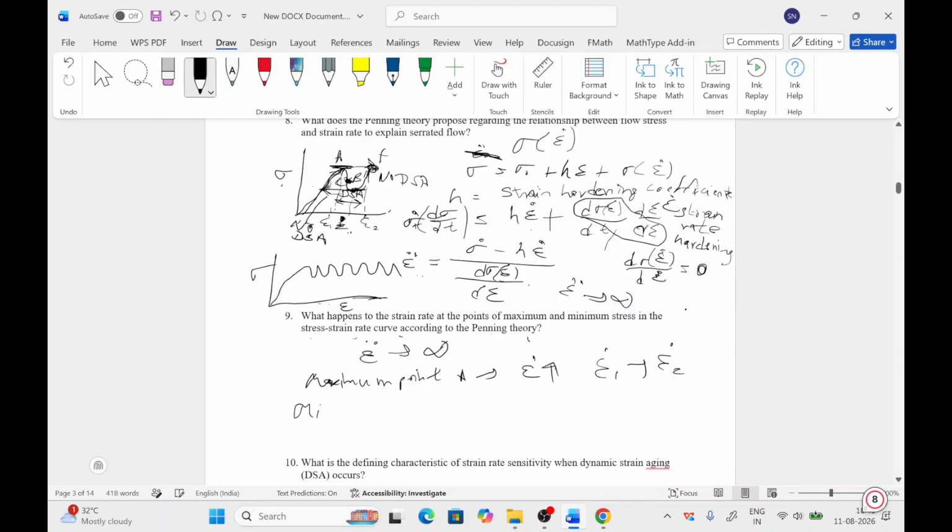At the minimum point, which is at B, it is under the dynamic strain aging region. So during the dynamic strain aging, flow stress is decreasing. So at B point, flow stress decreases.